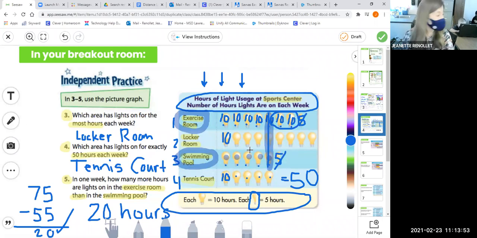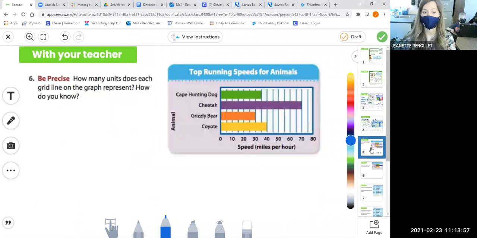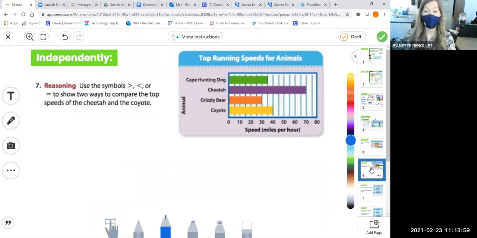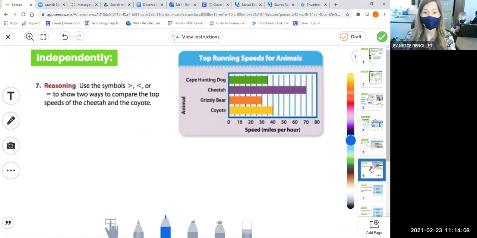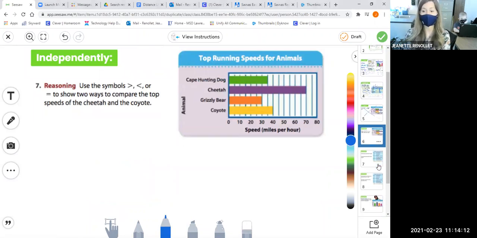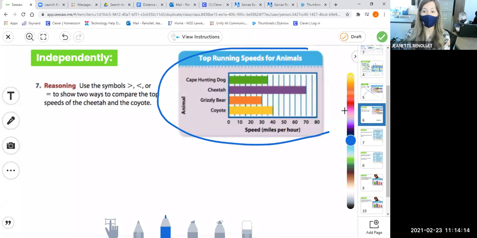Let's talk about your task for today. Starting on slide number 6 is your independent task. You do not need to do slide number 5. Slide number 6 is where your work begins today. You need to use the graph to answer each question.